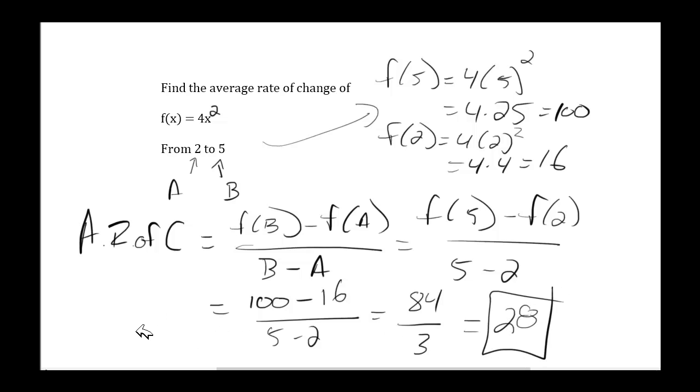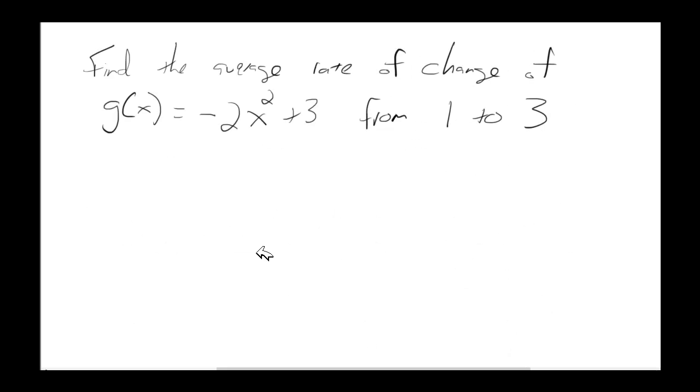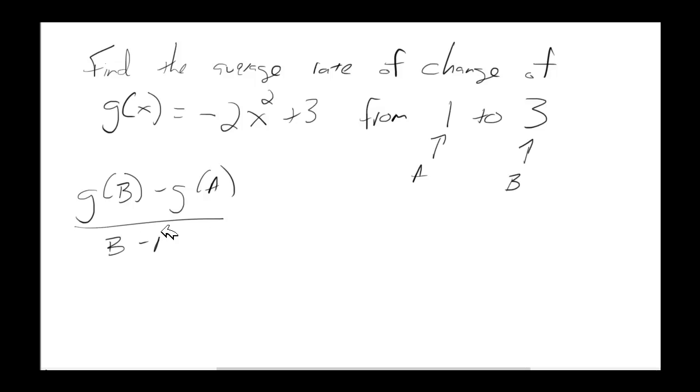Okay, let's take a look at one more. Okay, so find the average rate of change of g of x equals minus 2x squared plus 3 from 1 to 3. Okay, so here's my a and here's my b. So I know the average rate of change, I need g of b minus g of a, change in function value over change in x values.